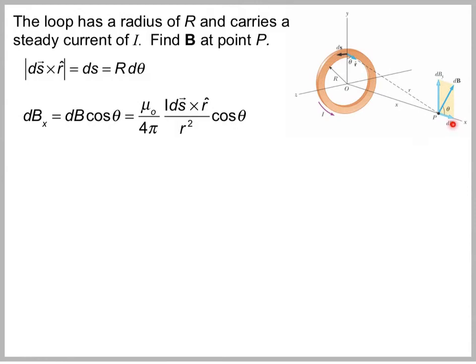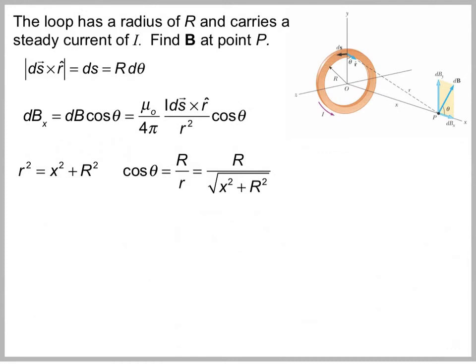So dBx, the little bit of the x component, is mu naught I over 4 pi, ds cross r hat over r squared, times cosine theta. We know that r squared here is capital R squared plus x squared, where x is the distance out. And cosine theta is big R over little r, which is big R over the square root of x squared plus R squared. So now we can plug this all in.